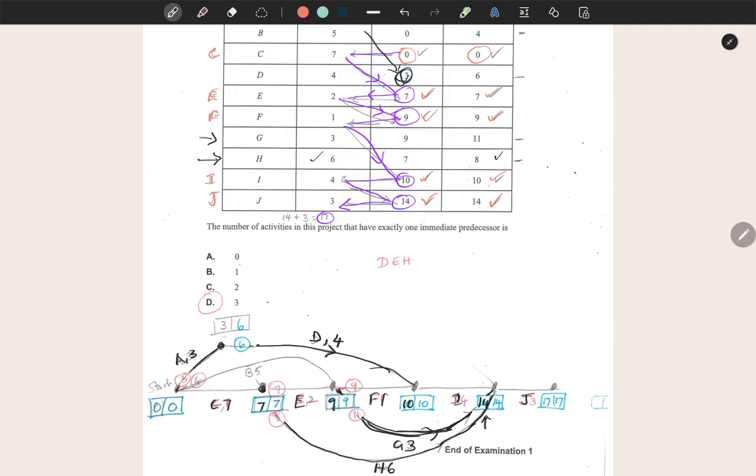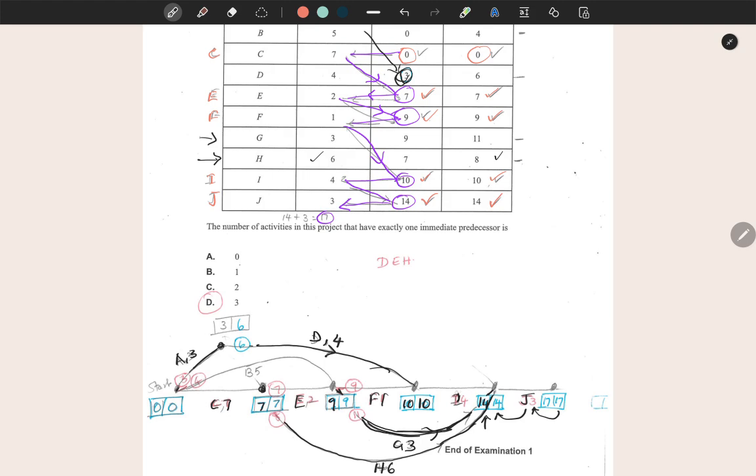I also checked if what I had drawn was correct, because 17 take away 3 gave me 14, and then 14 take away 4 gave me 10 when I did the backward scan.